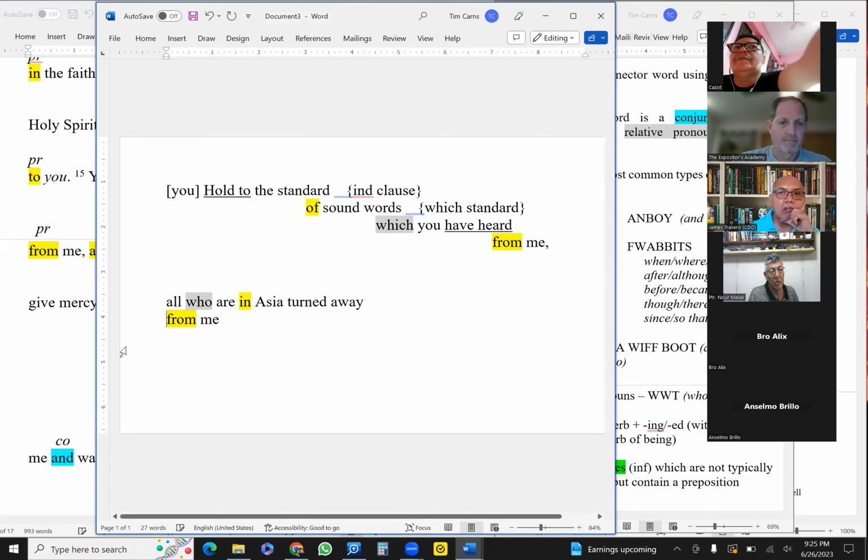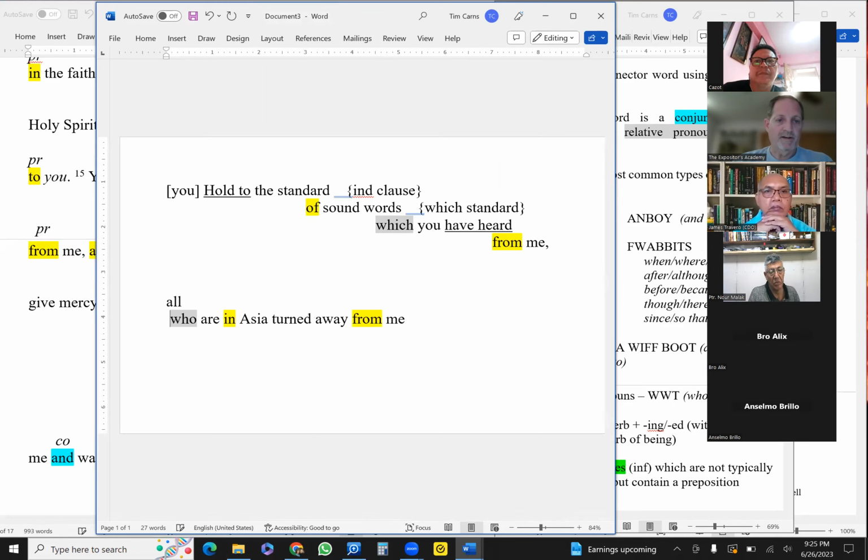Okay, I'll just diagram this quickly for you. All is my subject, who modifies all. Who are in Asia. This has a couple of interesting things for us to take note of.